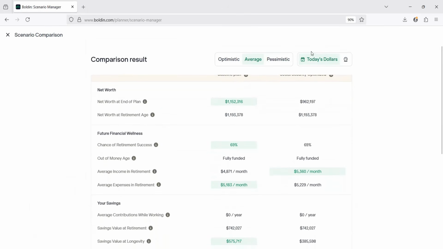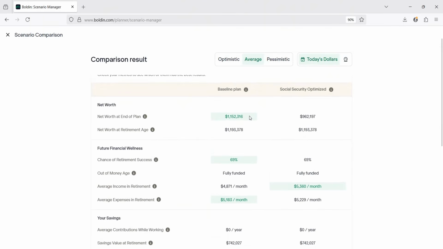Okay, so I've got it set to average today's dollars. Okay, so your baseline plan here, your net worth at the end of the plan is 1.15 million, with Social Security optimized 962. Okay, so there is your big difference that I talked about, that it may not be worth it for your legacy to wait. Because you do have to spend down so much.